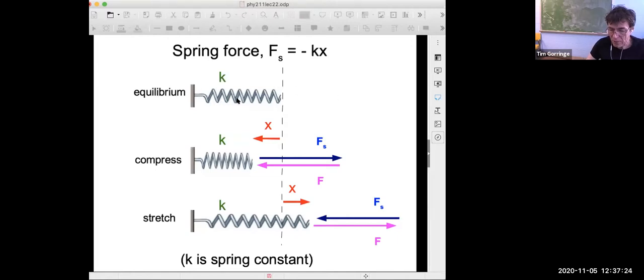In this top little picture here, I've got to get my annotation working again. In this little picture, the spring is at equilibrium length. So it's neither stretched nor compressed.